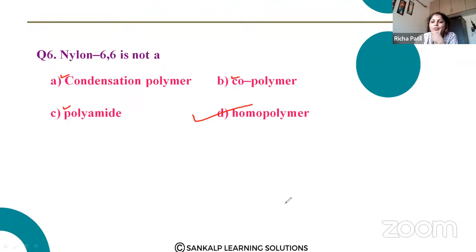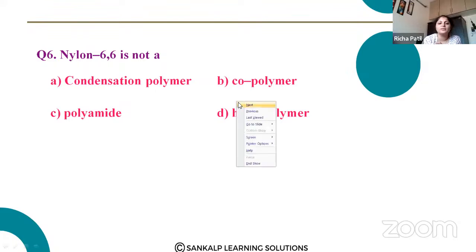It is not a homopolymer. So the answer is D, it is not a homopolymer. The rest are all correct. It is a condensation polymer, a type of polyamide and a copolymer. So we will go for the next one.